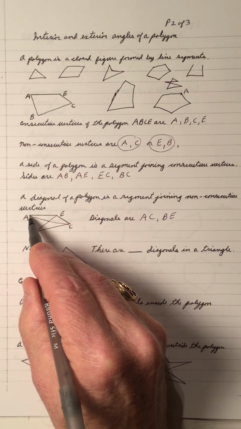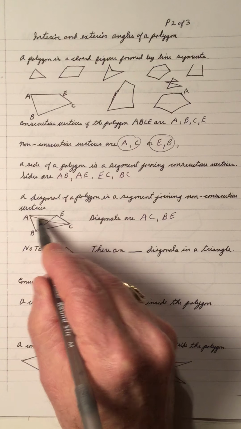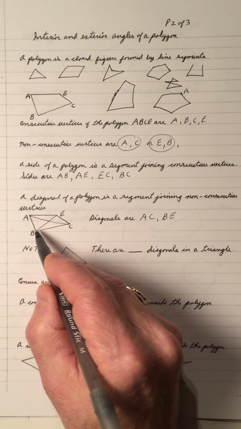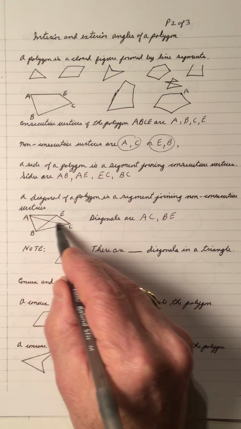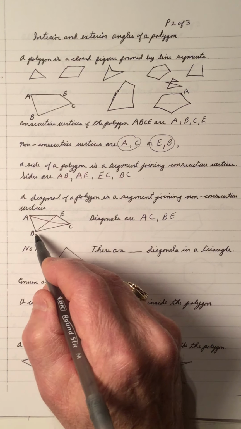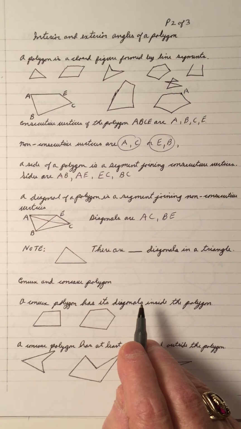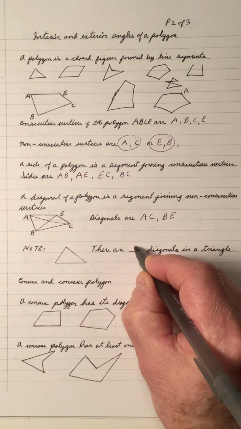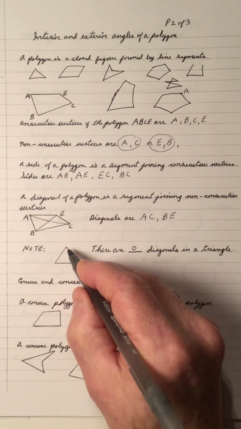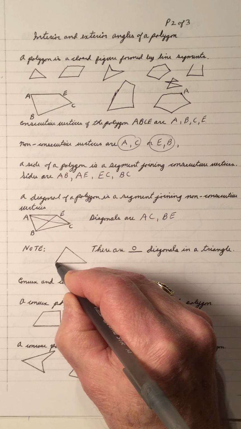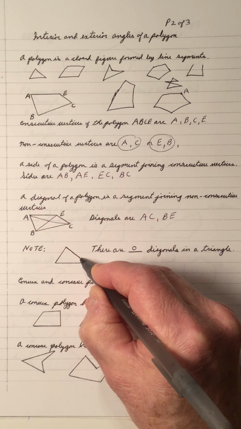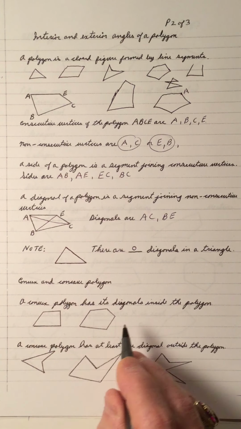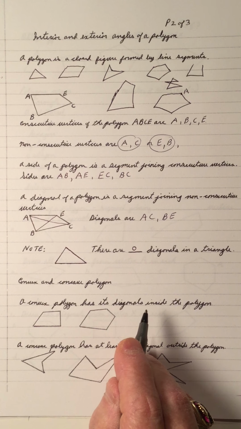So the sides are AE, EC, BC, AB. The diagonals are AC, BE, joining non-consecutive vertices. Note, this triangle has no diagonals, because if you leave here and go to here, that's a side. If you leave this vertex and go to this one, that's a side. So a triangle has no diagonals.